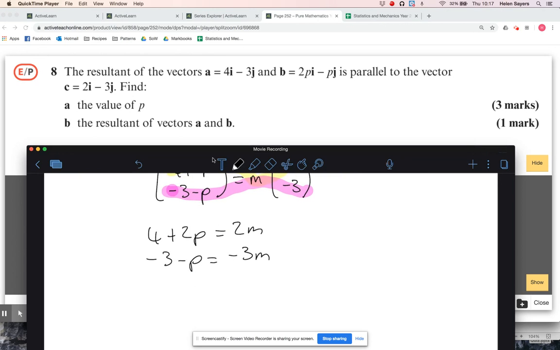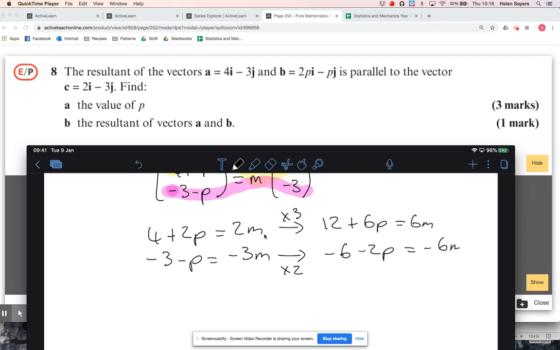I want p, so it's going to make sense to eliminate m. You've got a few options. You could make m the subject of one of them. What I'm going to do is make the top one equal 6m, so I'm going to multiply through by 3. And I'm going to make the bottom one equal -6m, so I'm going to multiply through by 2.